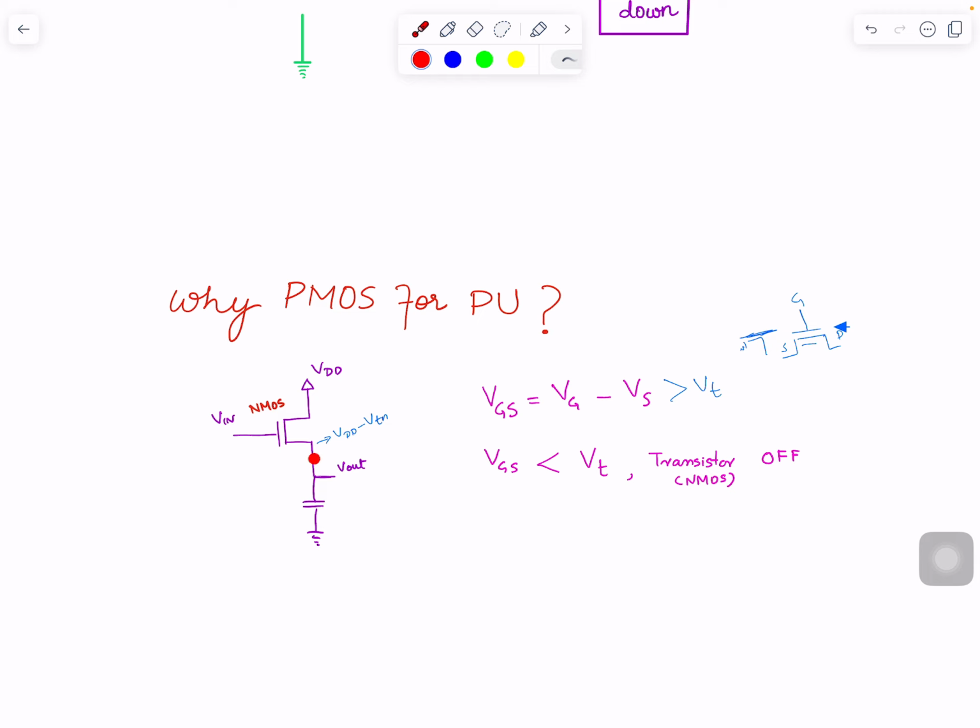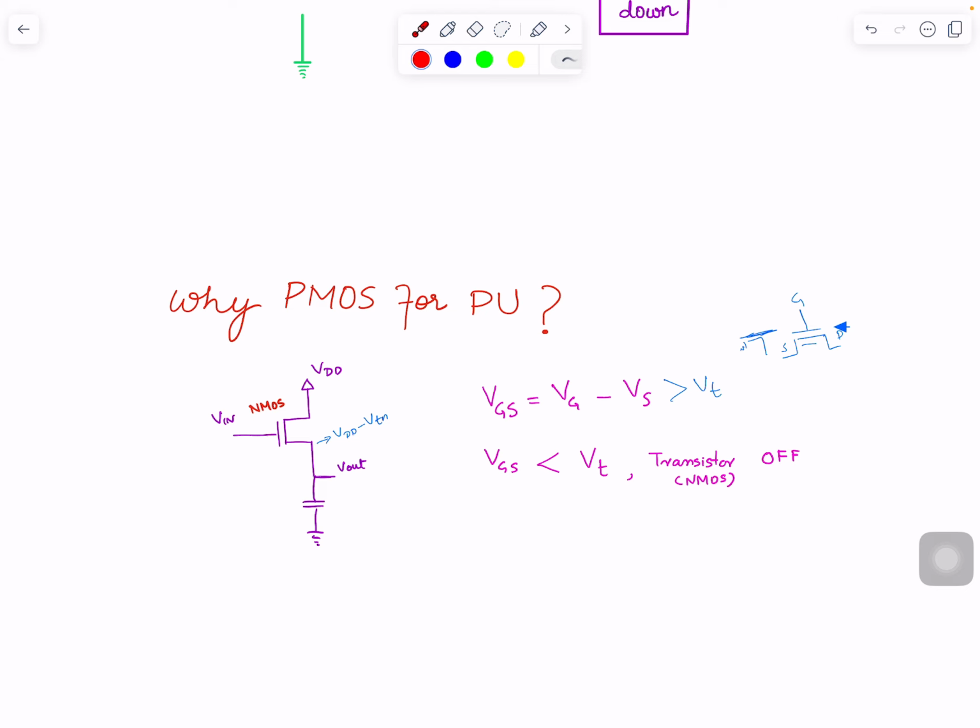But the important thing is, as this is on and you're charging this capacitor, which represents whatever capacitance is at the output of the inverter, this voltage will increase, and as this voltage increases, the gate to source voltage will decrease because the gate is fixed. The difference between them decreases.